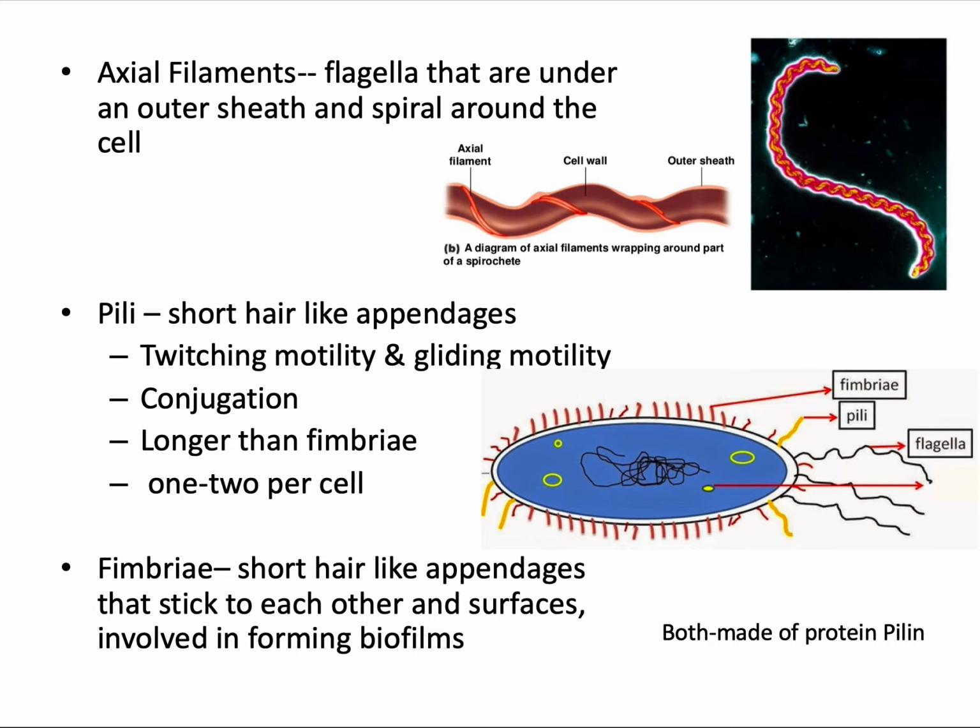We also see gliding movement, also caused by the pili, in myxobacteria. The fimbriae are shorter appendages. The fimbriae are involved in the formation of biofilms, help bacteria to attach to each other and to surfaces, which makes them more resilient to treatments and increases their survival in even harsh environments.